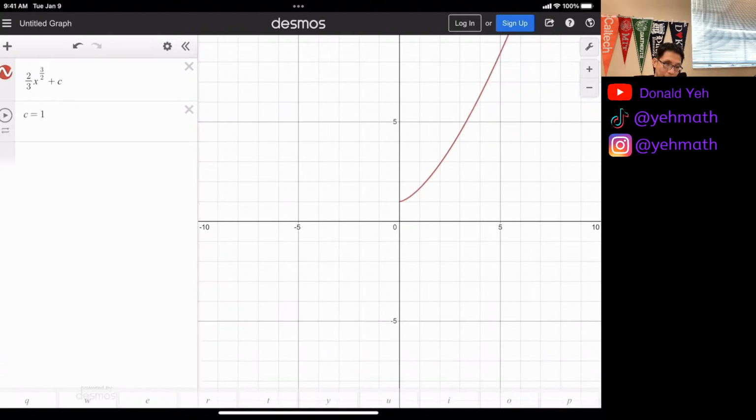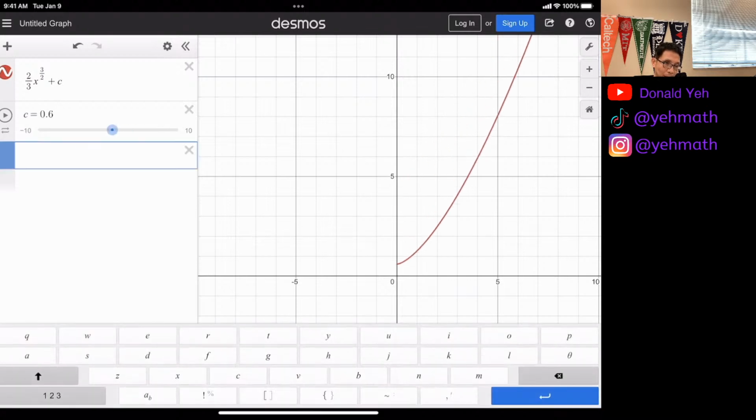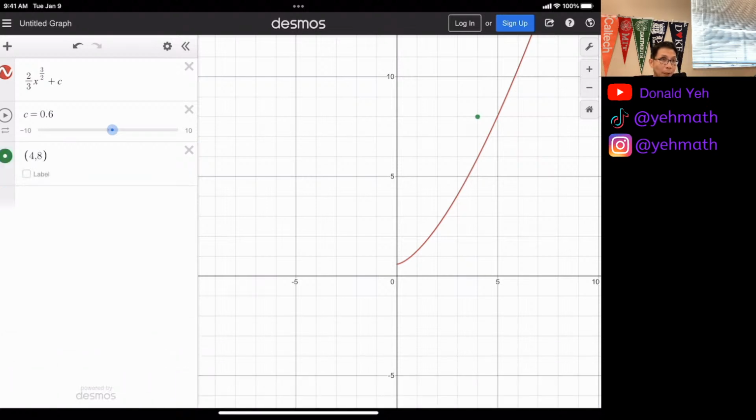If you realize, c has an infinite amount of possibilities. But why does that point matter? Because that point is going to dictate what the graph is going to be. So where's that point? 4 comma 8, right? So you see that point is going to be there.